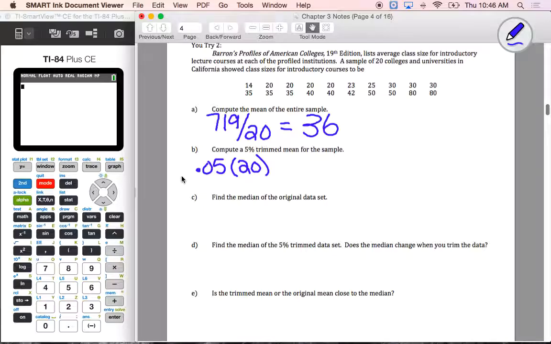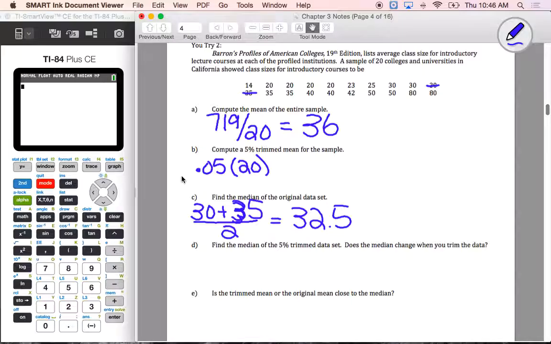So if you look at your two middle numbers, it's going to be 30 here and 35. So I have to take 30 plus 35, and divide by 2. When I add those two together and divide, you get 32.5.